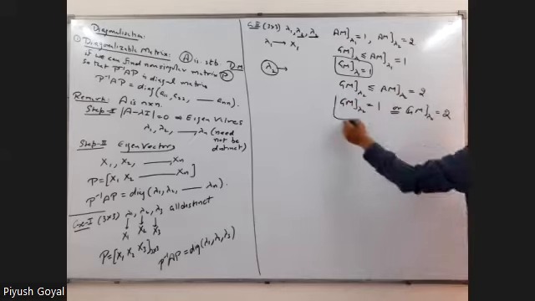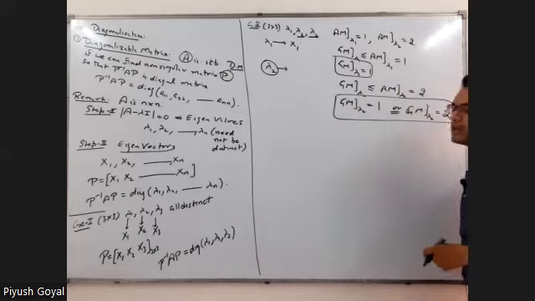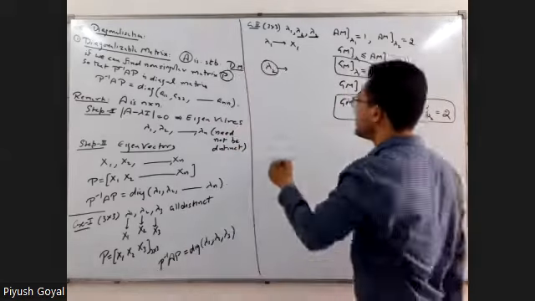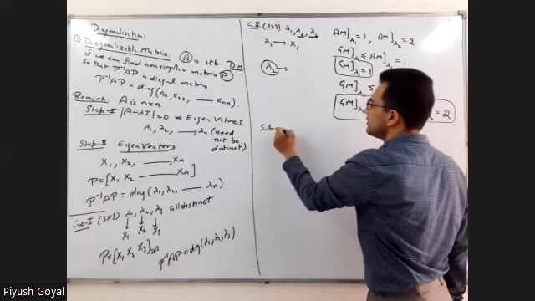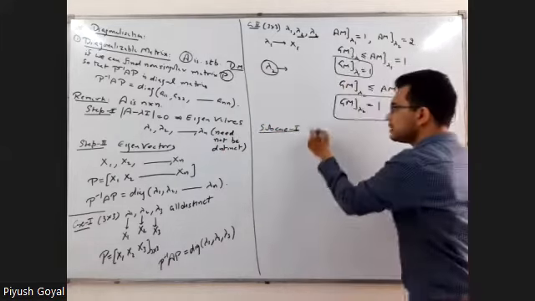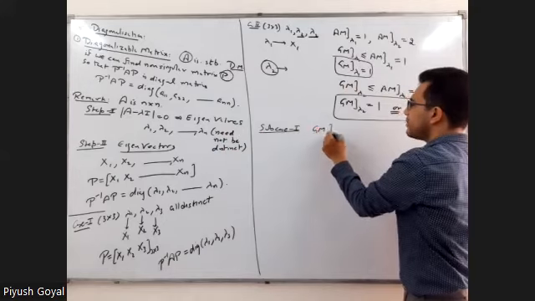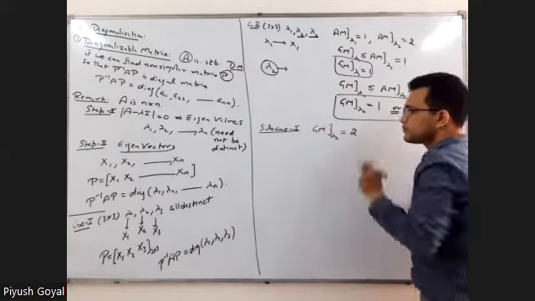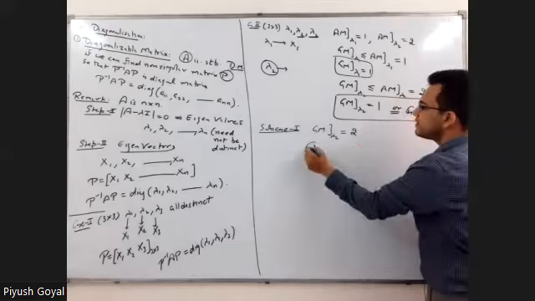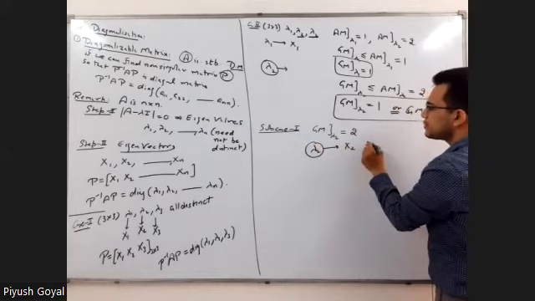Okay, I think this is clear to everyone. Now subcase 1 is when the geometric multiplicity of lambda 2 is 2. It means lambda 2 gives two eigenvectors x2 and x3.